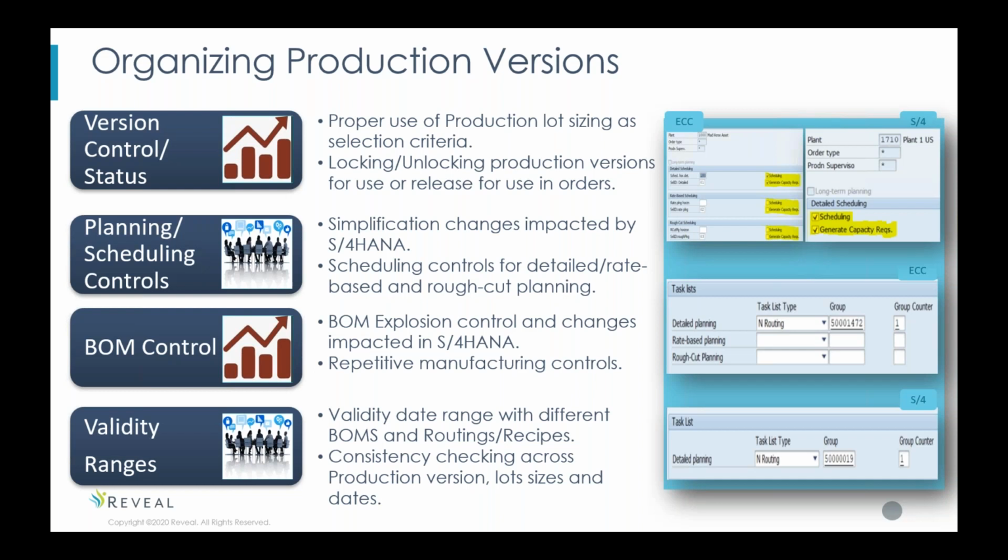Develop methods and mechanisms on how to deal with obsolete versions. Carefully consider your validity dates. Carefully consider whether or not how you prioritize these will be driven by the use of quota arrangements. If you operate in the repetitive manufacturing space, make sure that the settings are also compliant. And I will say it's amazing what we see out there.